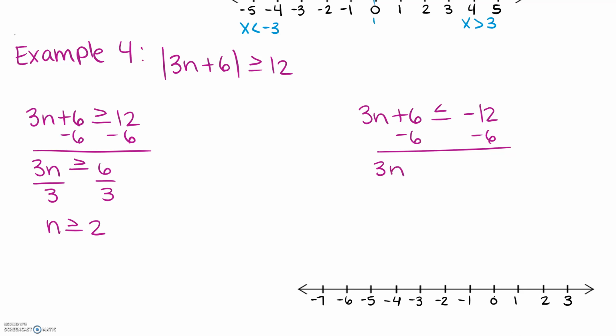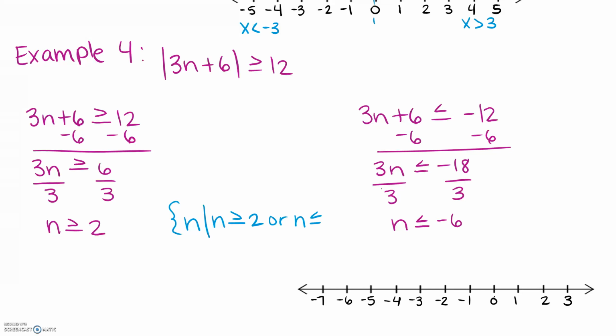That leaves us with 3n is less than or equal to negative 18. Then divide both sides by 3, and n is less than or equal to negative 6. So we can write our solution as the set of all numbers n such that n is greater than or equal to 2, or n is less than or equal to negative 6.